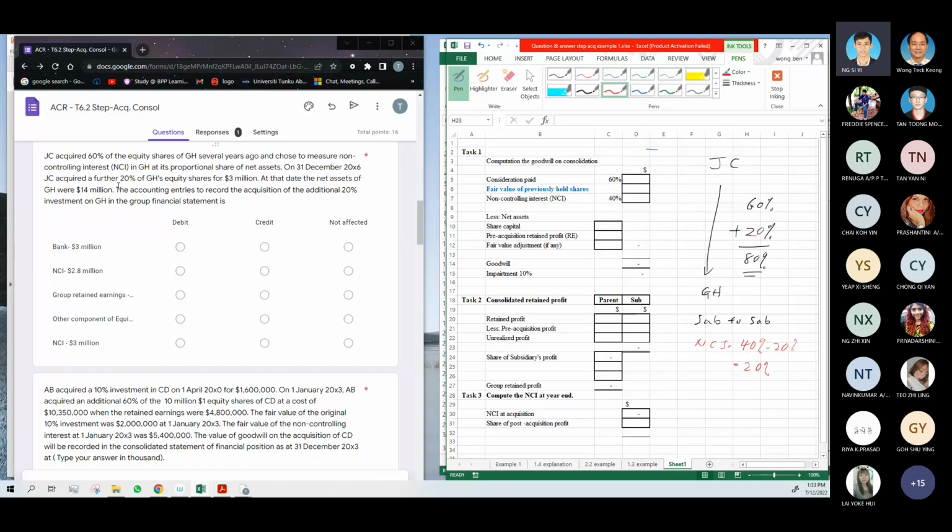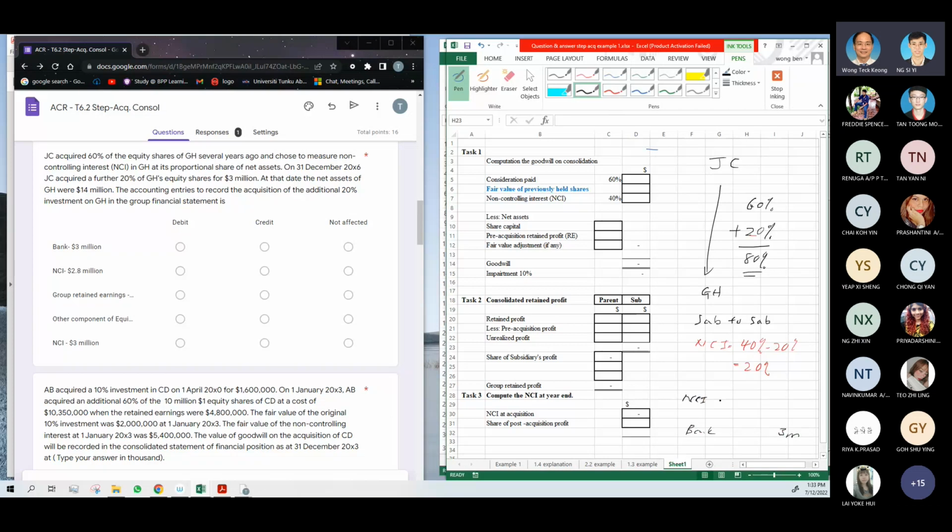So they buy another 20% for 3 million. You buy something, you have to pay. So you pay, go to your bank, it will be a credit. You pay for 20% here, 3 million. So does your NCI go up or go down? Go down.